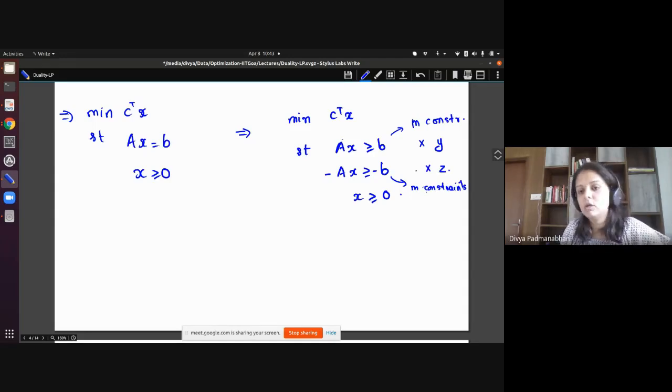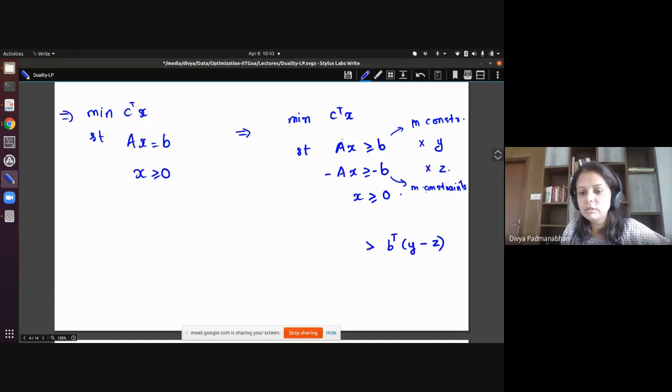So y's, there are m of them, and the vector z also, there are m of them. Now when you do the same principle, what you get on the right hand side is b transpose y minus z, right? I'm just multiplying these constraints with y and this with z and summing them up. So the right hand side becomes b transpose of y minus z.